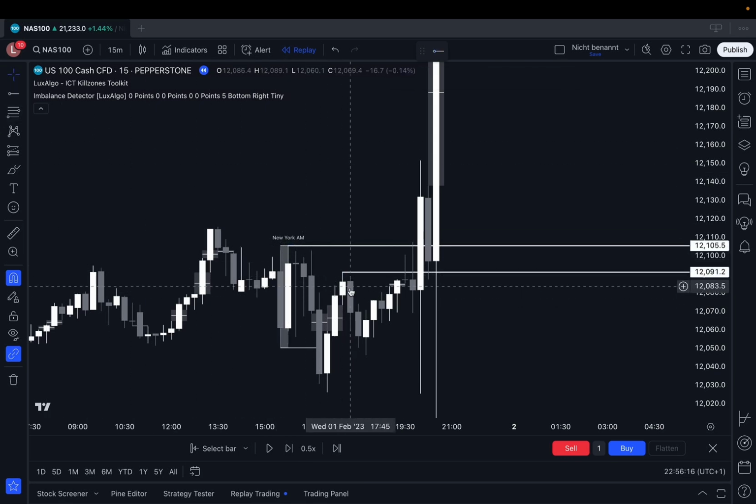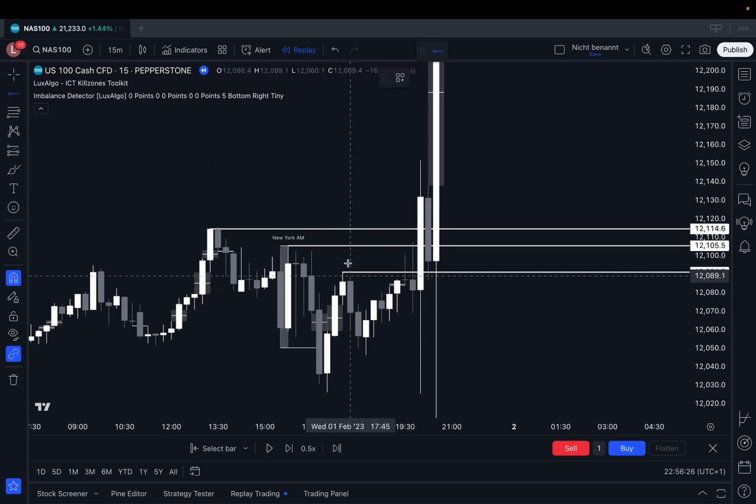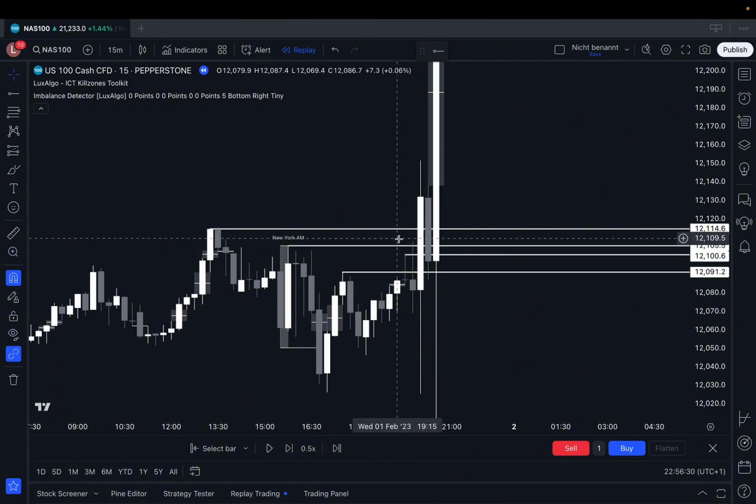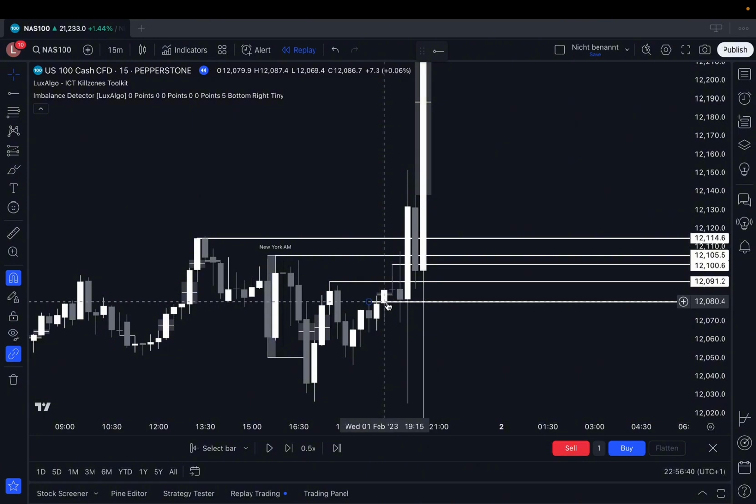So the market is in a downtrend, right? We have lower highs and lower lows, as you can see right here. And then suddenly this high, or the last high, you always look at the last high, gets a break of structure, or maybe already here's a break of structure. So here the market already broke structure.